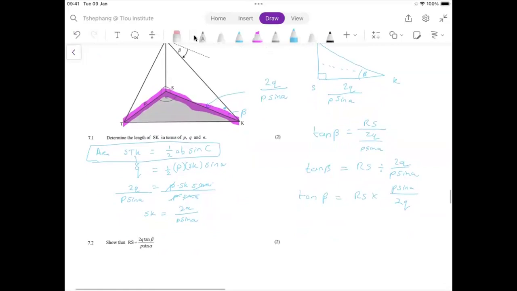Now it's quite clear from there, because we divide both sides by P sine alpha over 2Q, such that RS gives us 2Q tan of beta all over P sine of alpha.